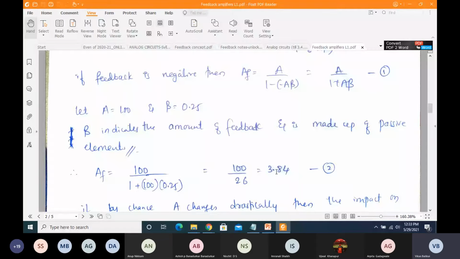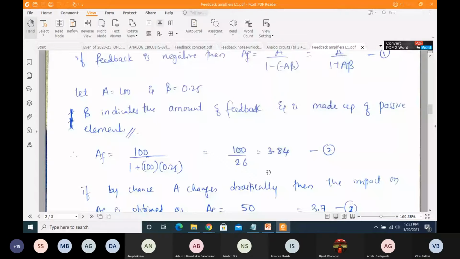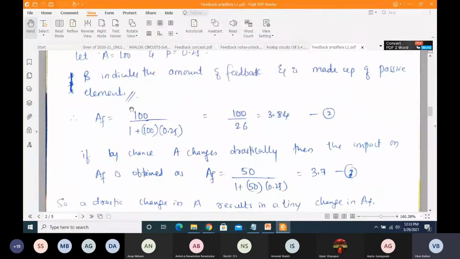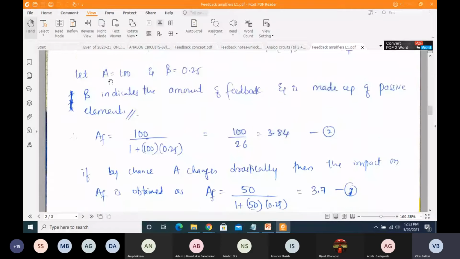But in the meantime, let's see what is going to happen. Suppose the open loop gain of the amplifier without feedback was 100, and now somehow it suddenly becomes 50. Then I can calculate V naught.